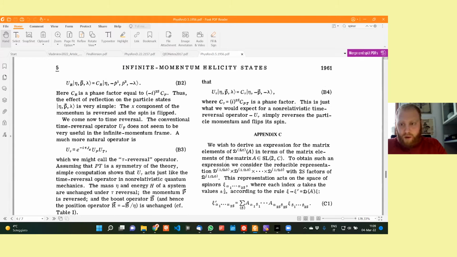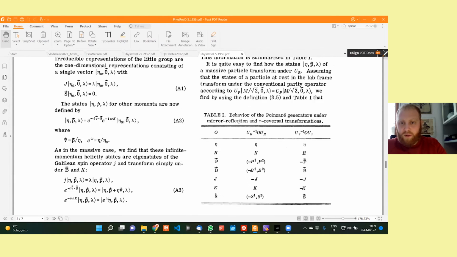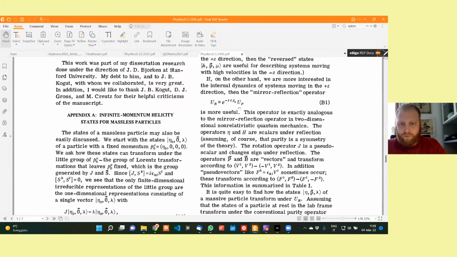Of course, parity is also not the best way to do it, because you have the same problem as time reversal: you switch the plus with the minuses. So he proposed a different operator, which he calls the mirror reflection operator, which is just the exponential with Jx. By the way, these J's are the total angular momentum operators, which are the generators of rotation in your Lorentz space.